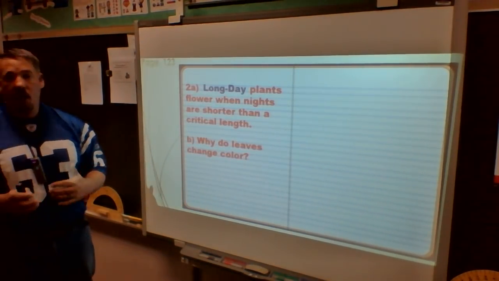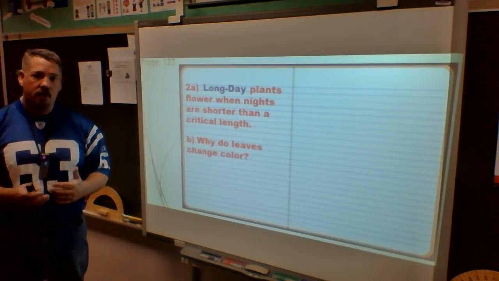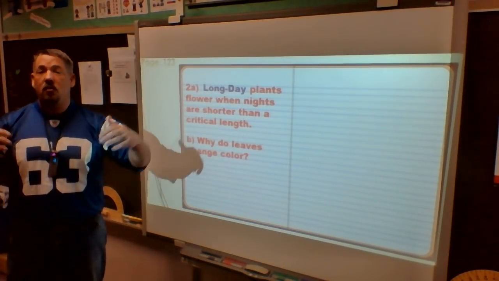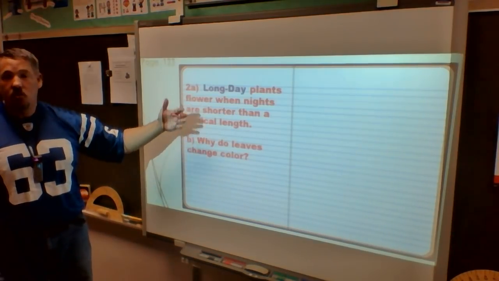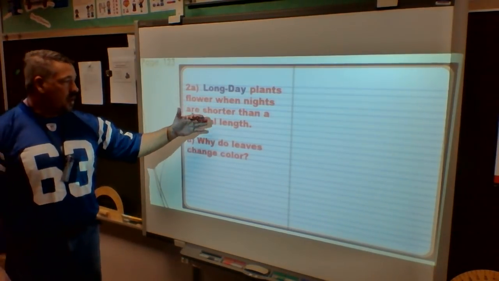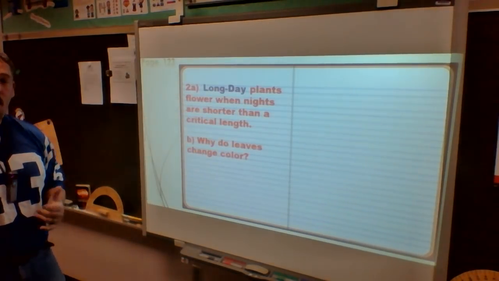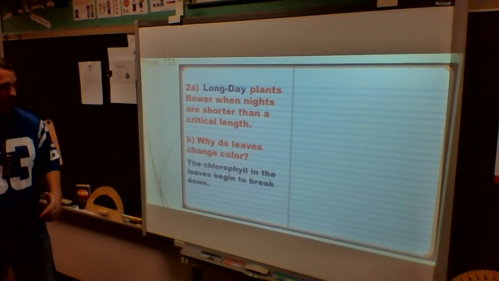So if it's a day neutral, they're looking for about 12 hours a day and 12 hours a night. If it's a short day, then they're looking for about 12 hours or more of night, which would mean short daytime. So this question tells us because it has a short amount of night, therefore it has to be a long day. Why do leaves change color?